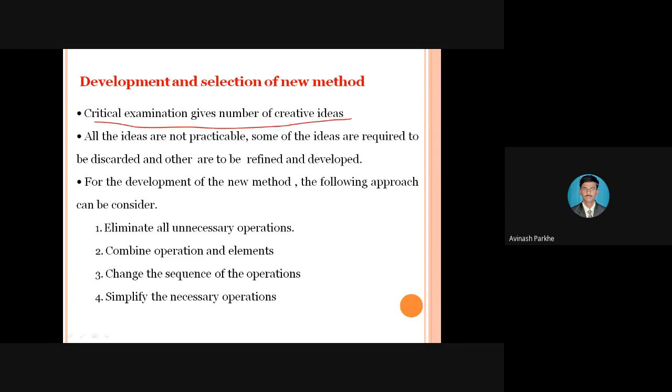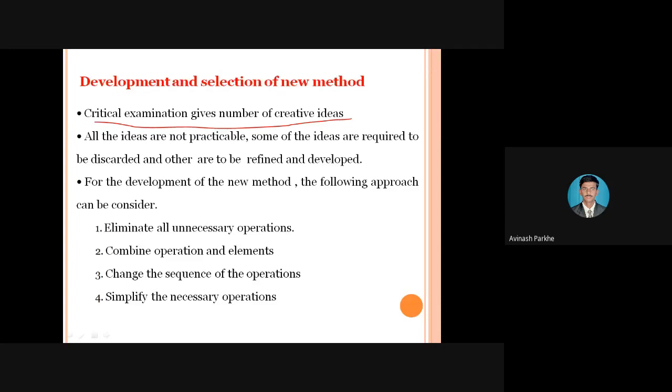It gives a number of ideas. The critical examination is one of the recording techniques. Through this critical examination, you will get a number of ideas. But out of the ideas available, some ideas are acceptable, some ideas we have to reject, and in some of the ideas, you have to go for modification.